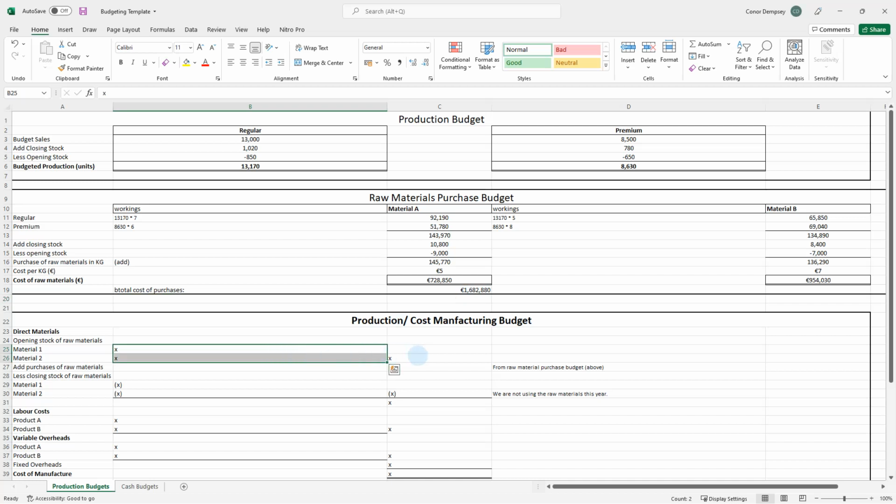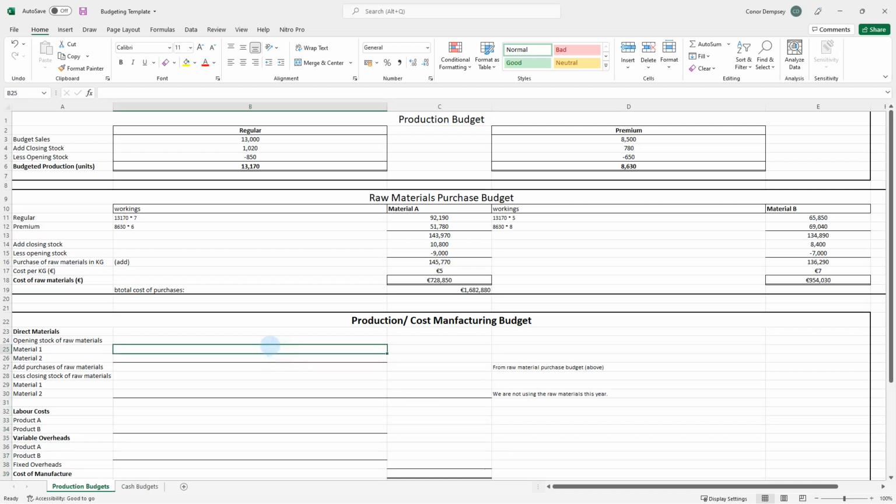Now, these are just my templates, so you know what to add, what to plus, what to minus. I'm going to get the x's out so that we can add them.